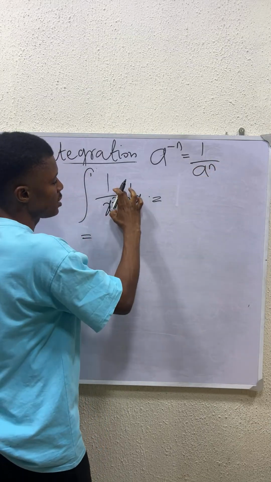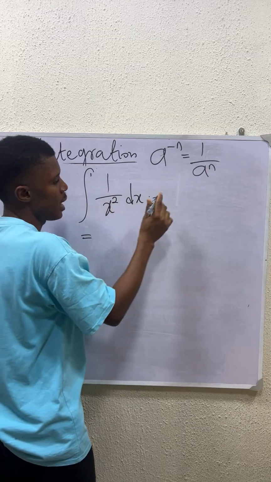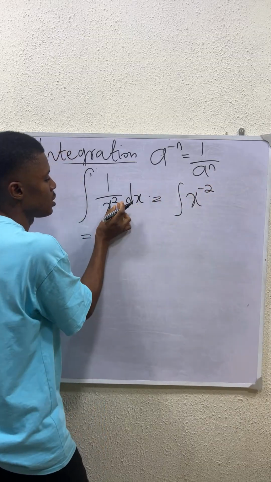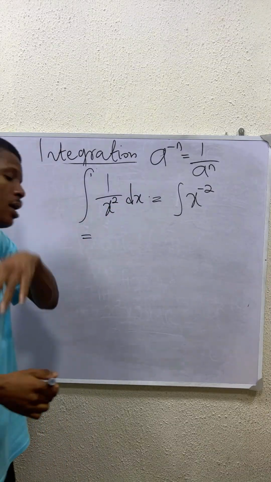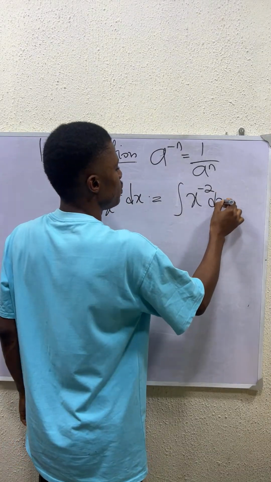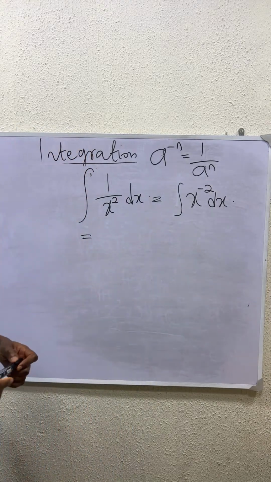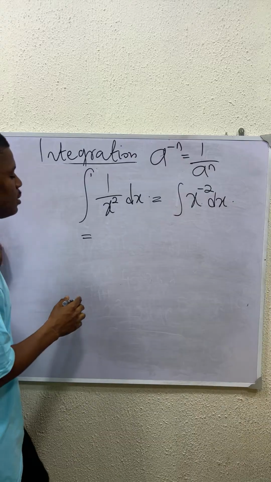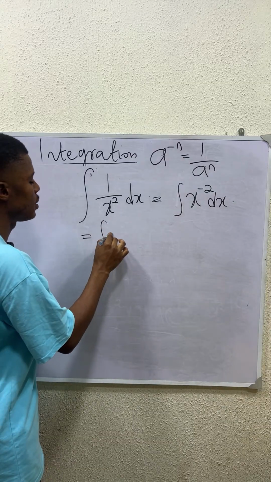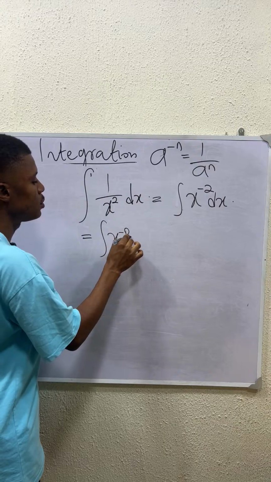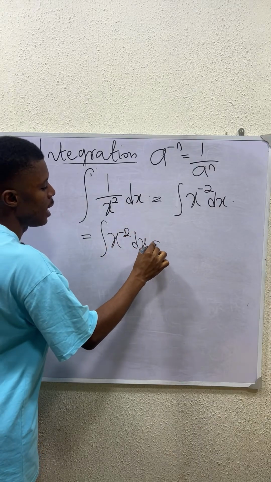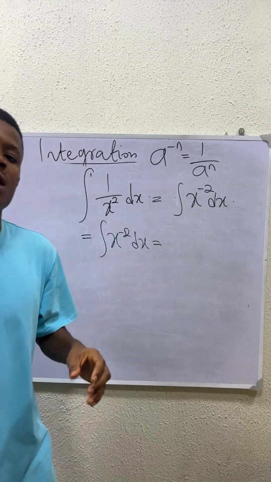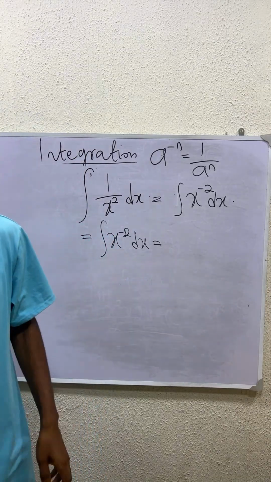So since this is 1 over this, I can now write this as the integral of x to the power of negative 2 with respect to x. And you know that what you need to do to integrate a function is to increase the power by 1.